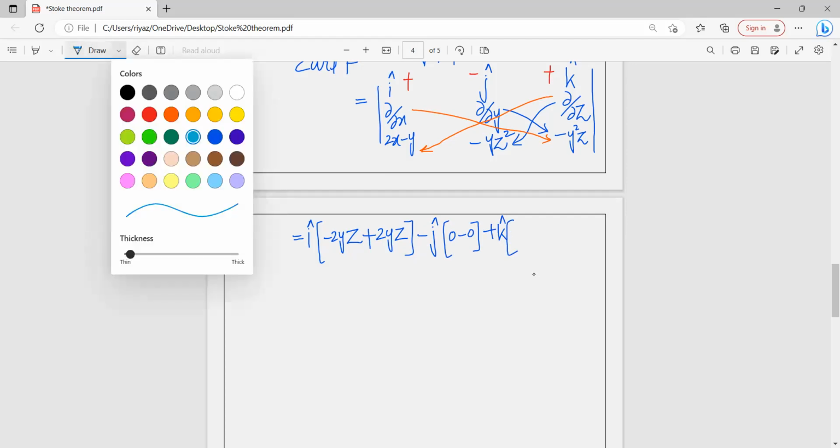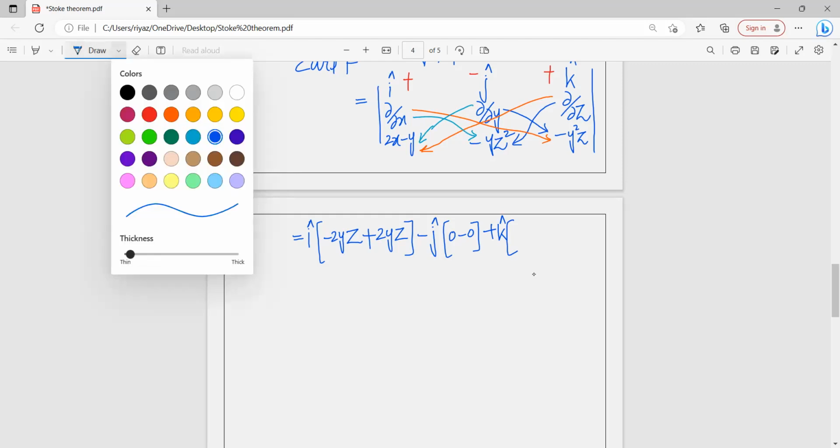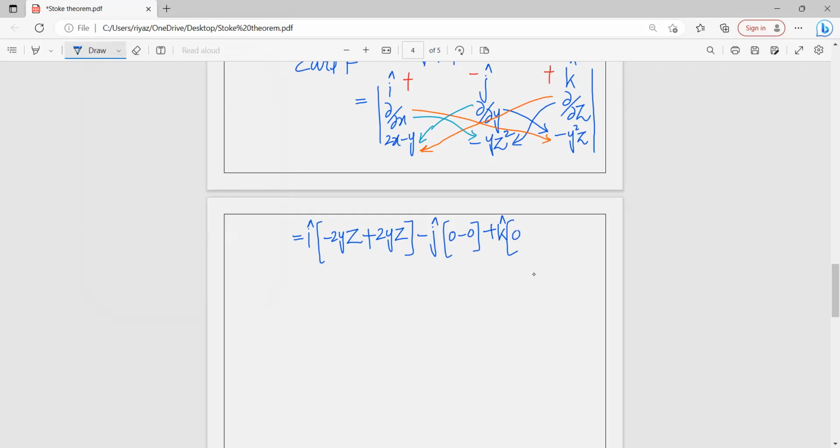So how will it be? This one with respect to x, 0 minus 0, 2x, and this is with respect to y, 0 minus minus 1, that's 0 plus 1.